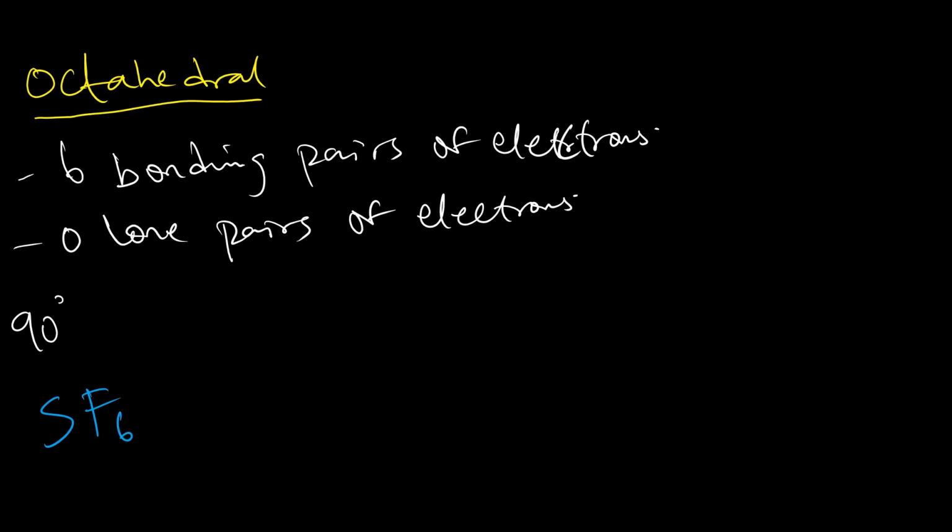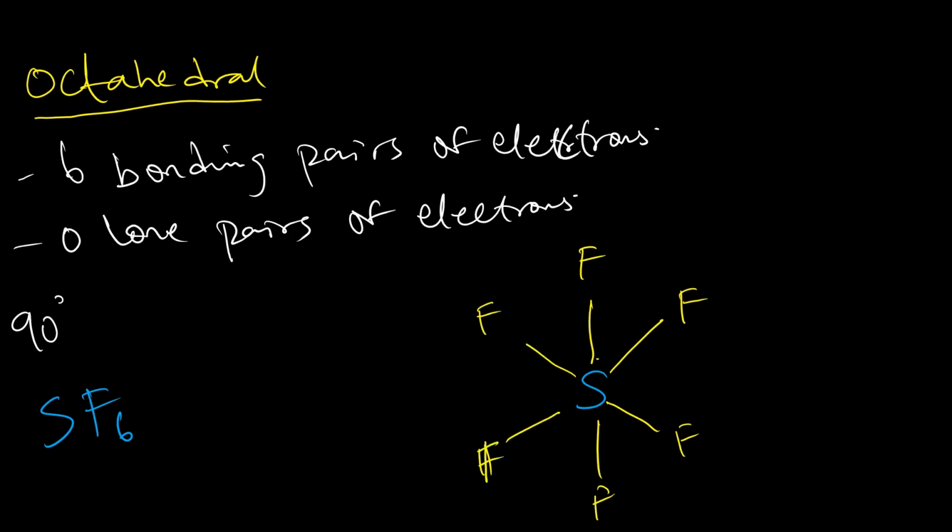Okay, so in this compound, sulfur is the central atom. We have central atom S bonded with 6 fluorine atoms: fluorine, fluorine, fluorine, fluorine, fluorine, and fluorine.